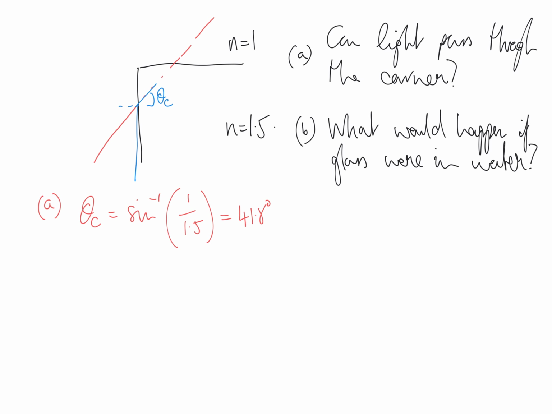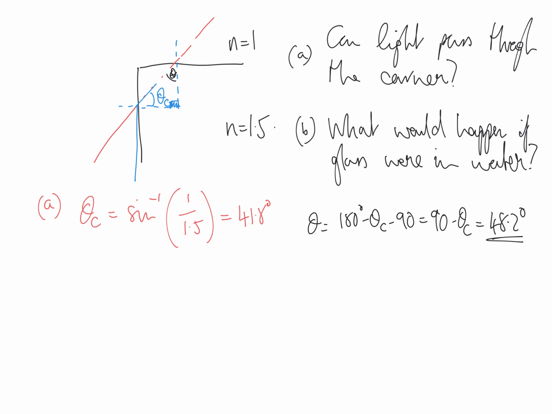Good. Now, here is my right angle triangle. And my question is, what is this angle here, theta? Theta, of course, is going to be 180 degrees minus theta critical, minus 90, which gives me 90 minus theta critical, which is the same as saying 48.2 degrees.